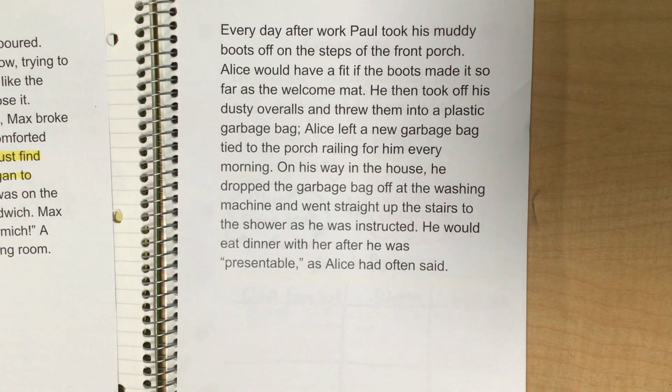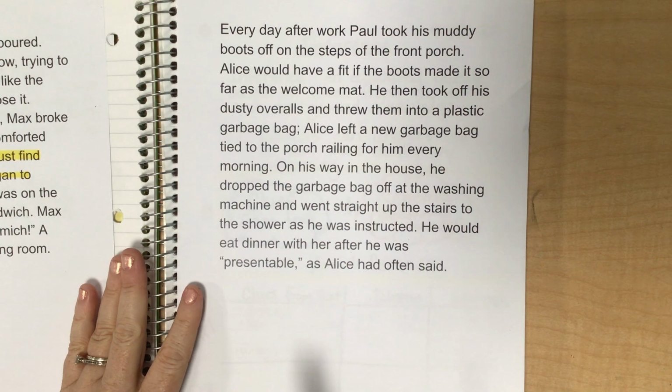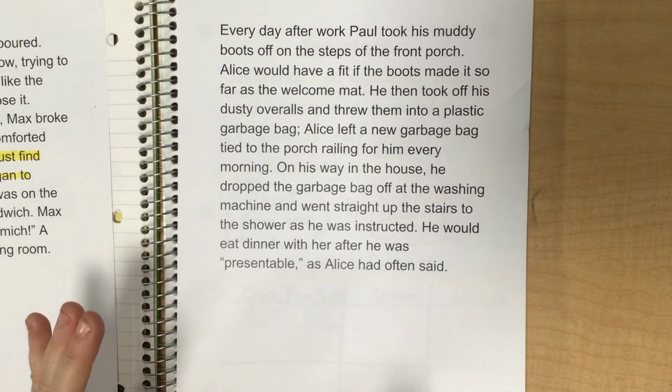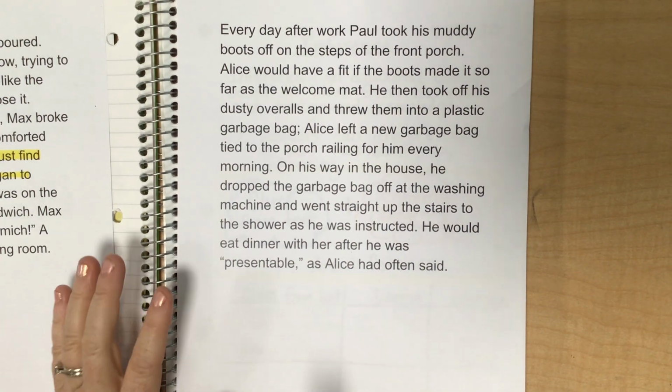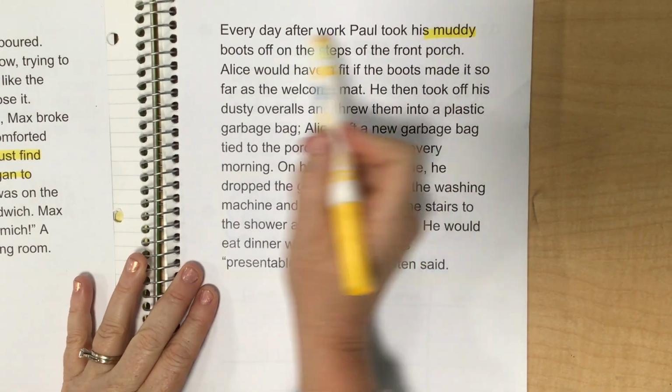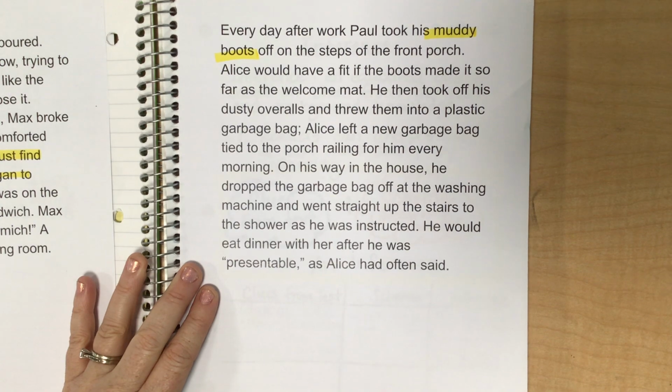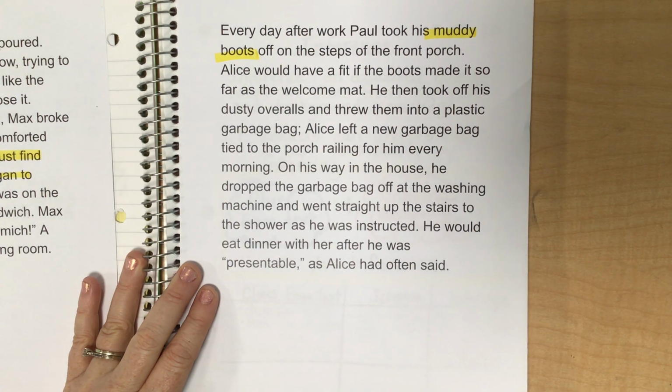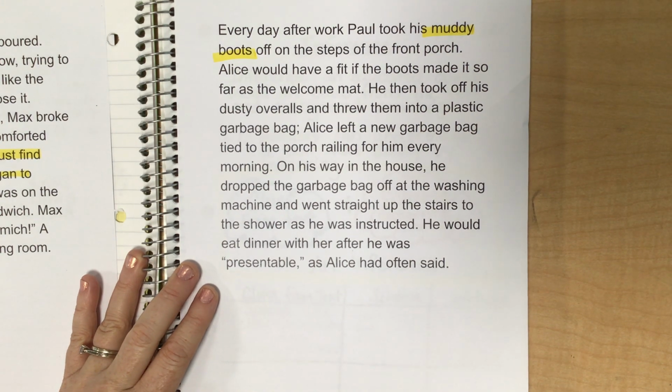Every day after work, Paul took his muddy boots off on the steps of the front porch. So we know he's coming back from work and he has muddy boots. Alice would have a fit if the boots made it in so far as the welcome mat. He then took off his dusty overalls and threw them into a plastic garbage bag. Is there any clue in there of what he might do for work?